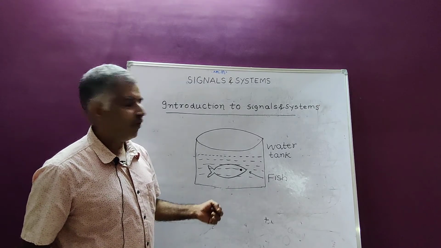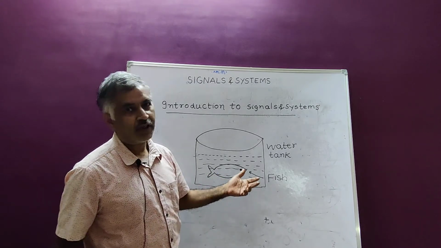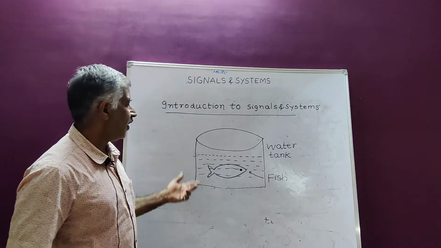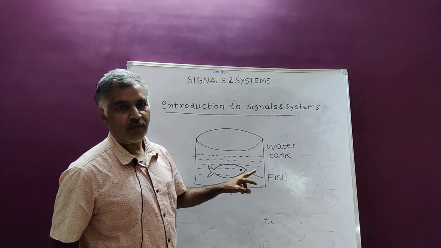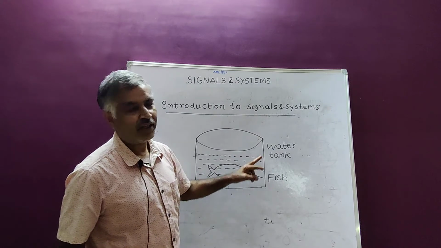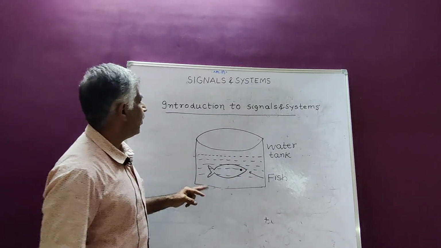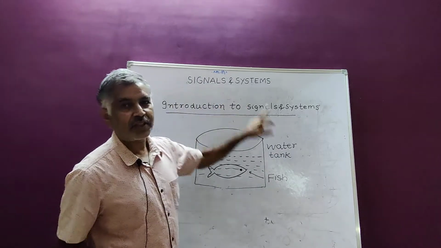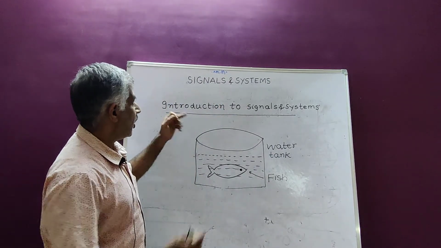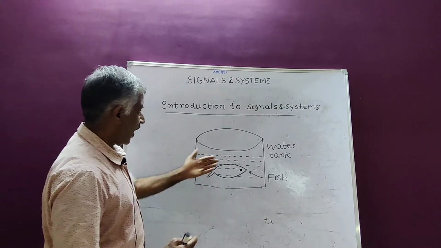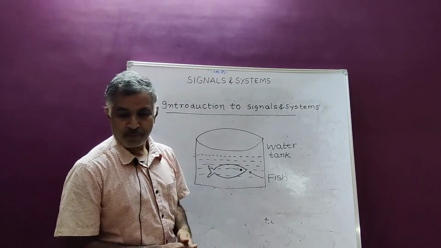If the fish is taken out of water, you know what happens. Or if the fish is not in the tank, then what about the purity of the water? So they are very much interrelated, and they are together, and that is why I gave this example.